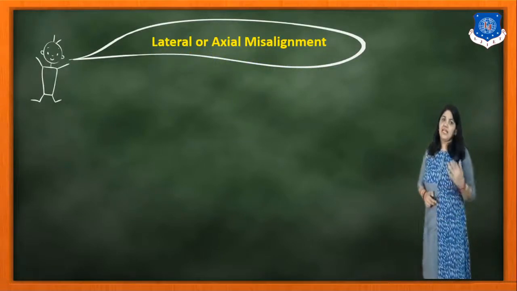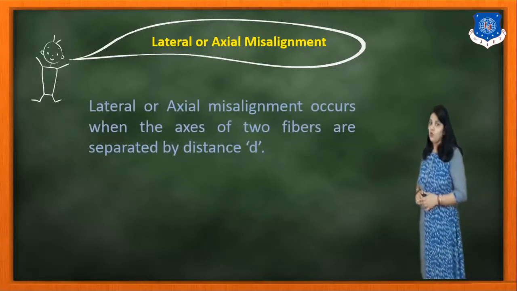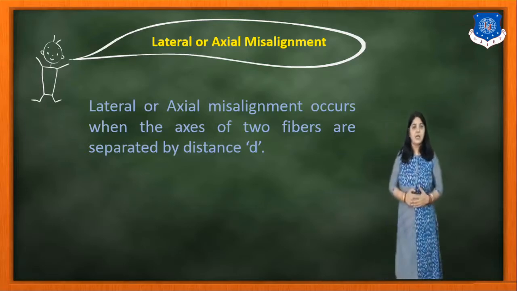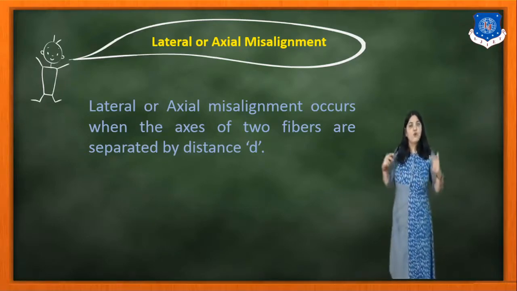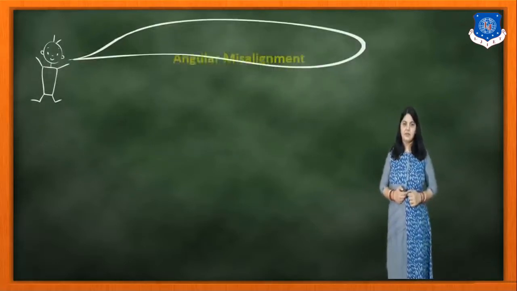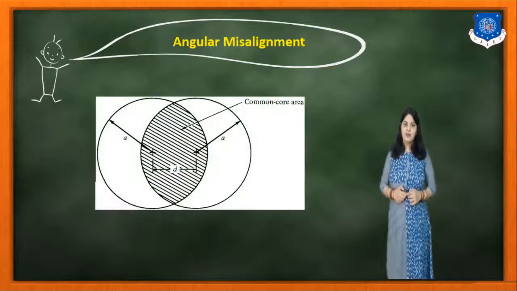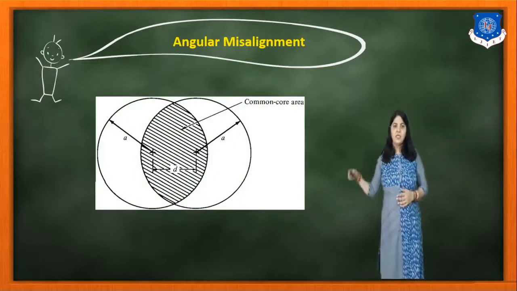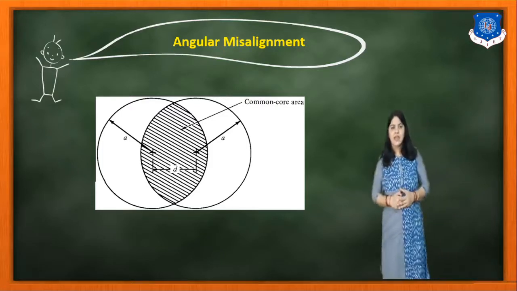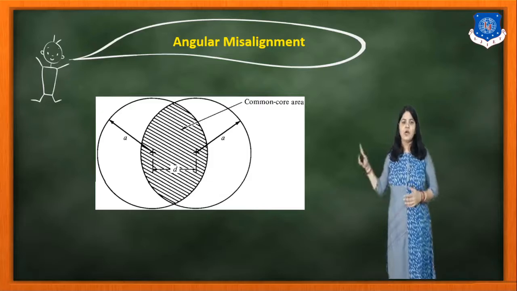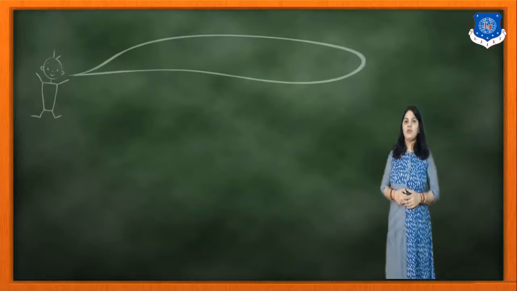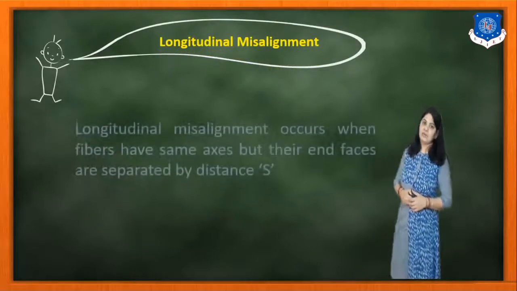Now first, lateral or axial misalignment. It occurs when the axes of the two fibers are separated by a distance d. Angular misalignment: here you can see in the diagram the two fiber cores and the common core axis, and due to the angular misalignment, loss arises.